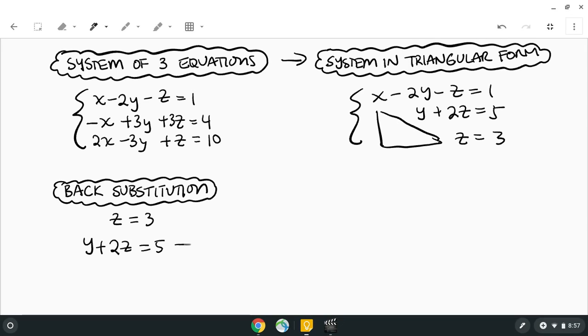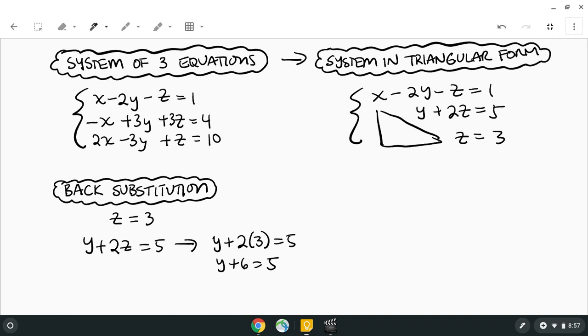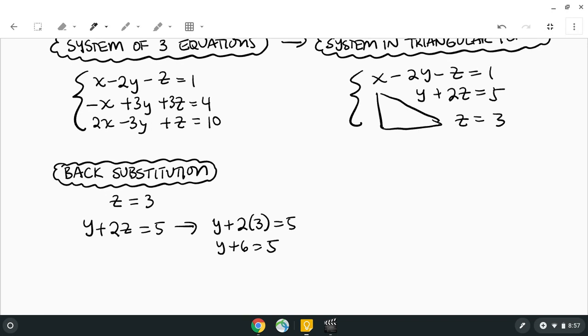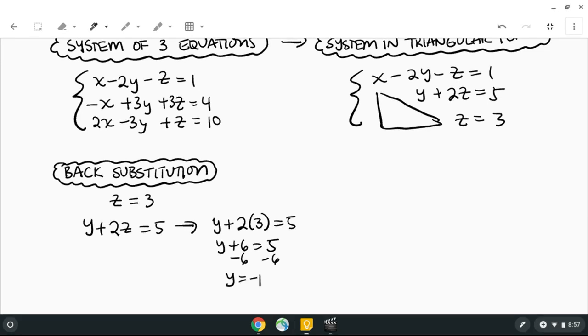So I substitute 3 in for z, and I get y plus 6 equals 5. Subtract 6 on both sides, and I get y equals -1.